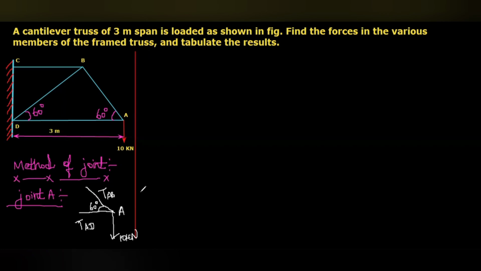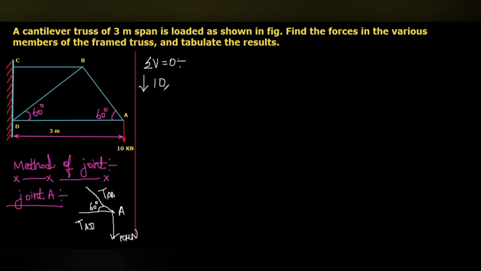First I am going to analyze the algebraic sum of the vertical forces equal to 0, since joint A should be in equilibrium. Here TAB is an unknown inclined force, and 10 kilonewton is a vertical force acting downward.